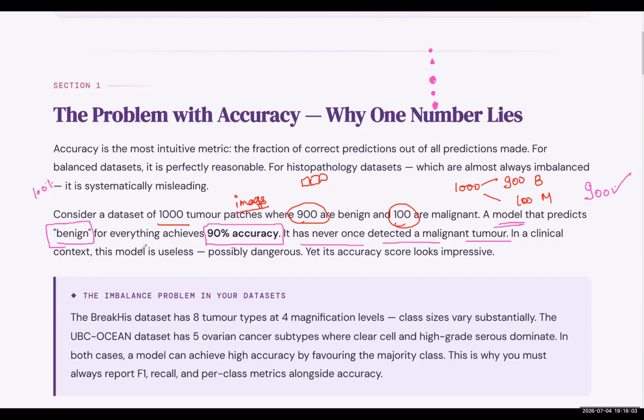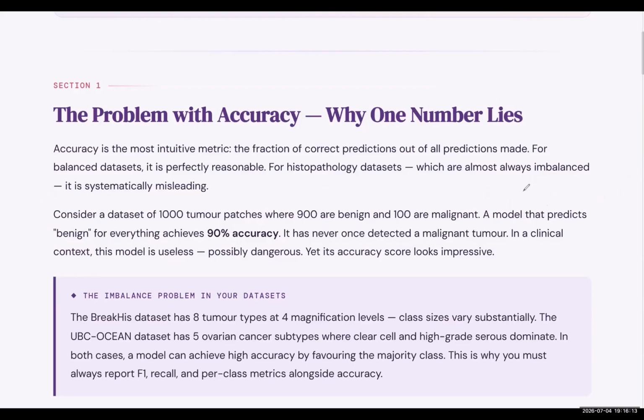In a clinical context, it is a useless model and possibly dangerous, because we are focusing on the malignant one, since when it is malignant then only we classify it as high-grade cancer. Benign is just a tumor, just an excessive growth. So accuracy scores might look impressive, but in the real world it is not of any use.